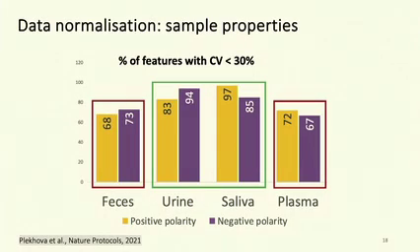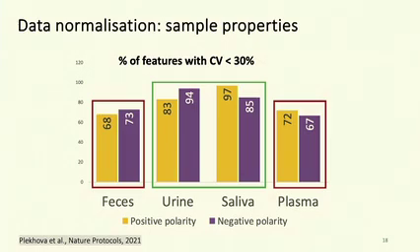Now, the next thing to consider in the method development and data normalization are your samples. We use raw, unpretreated or minimally pretreated samples to do the analysis. When we evaluated the reproducibility of the spectra, we saw that some matrices perform better and some perform worse. The matrices that performed worse were plasma and feces compared to urine and saliva.